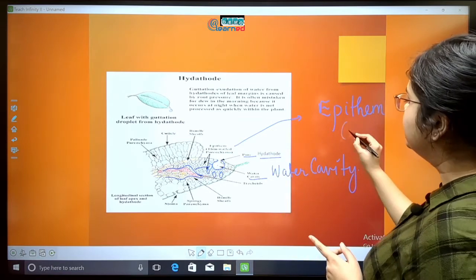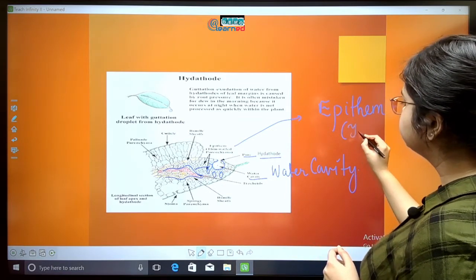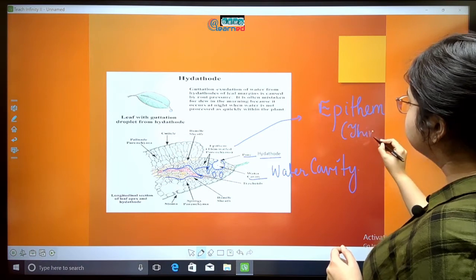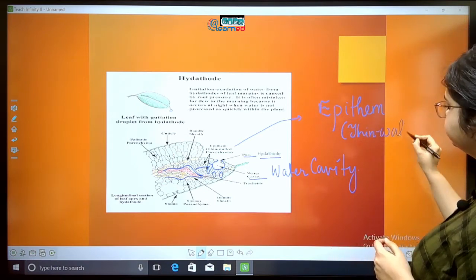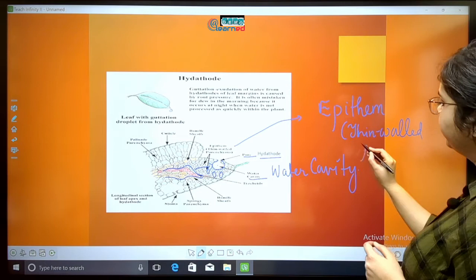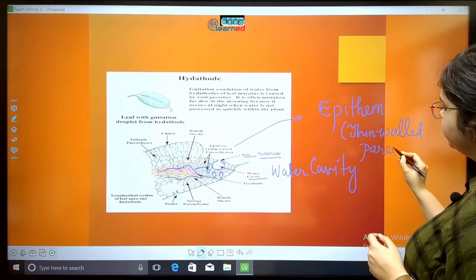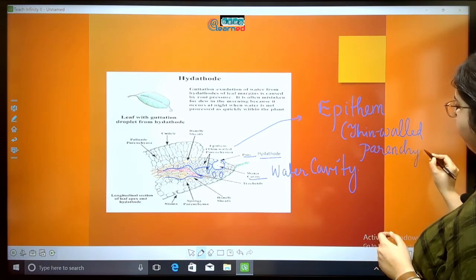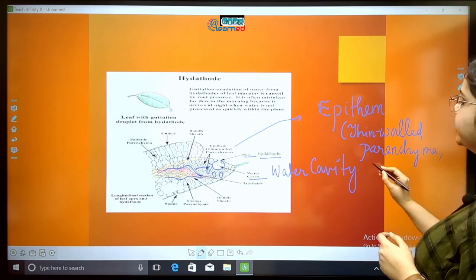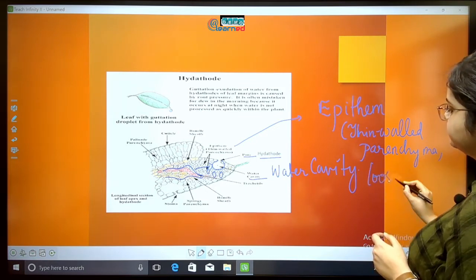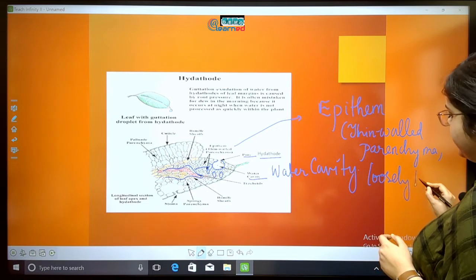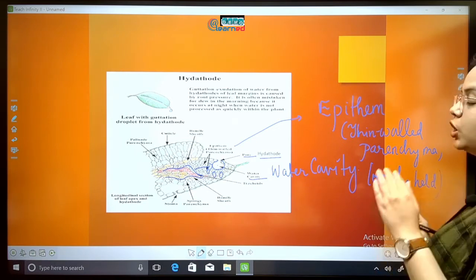Epithem are very thin walled, loosely held parenchymatous cells, and mostly non-chlorophyllous.